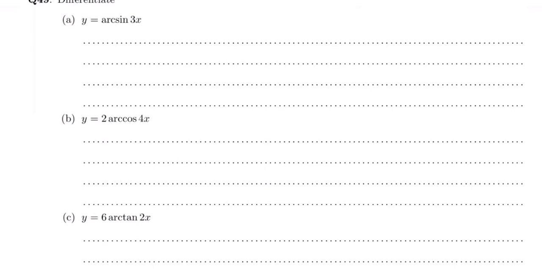So we're going to do that one. Remember, arccos from above, if y equals arccos of x, then dy/dx equals -1 over the square root of 1 minus x squared.